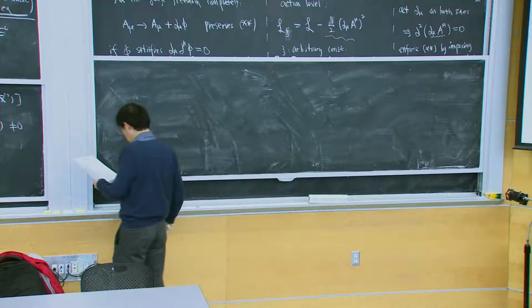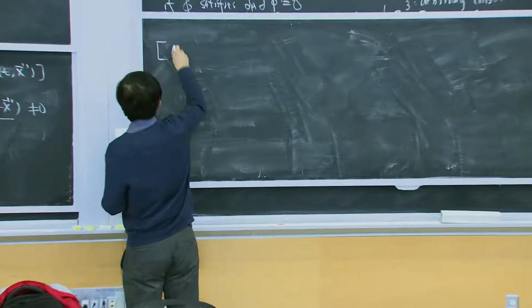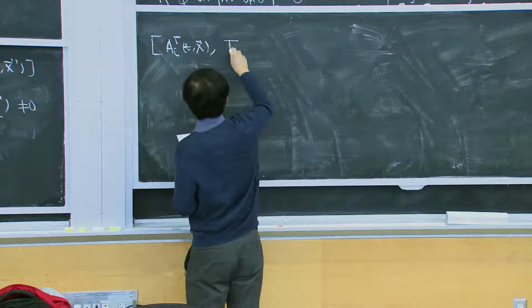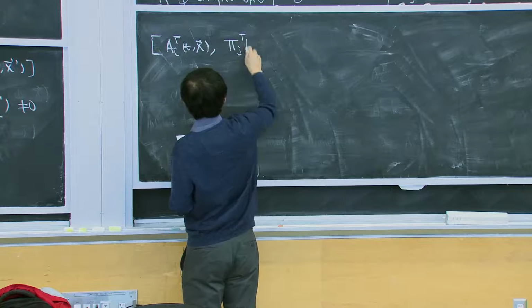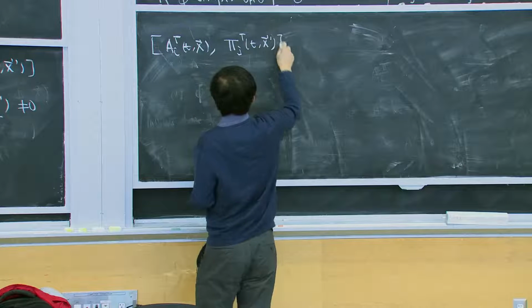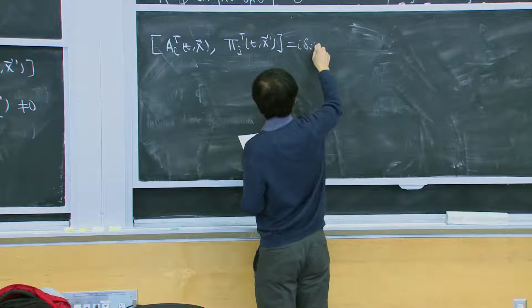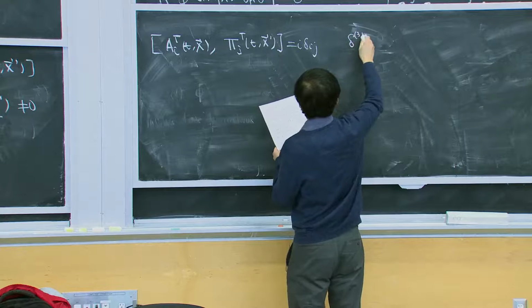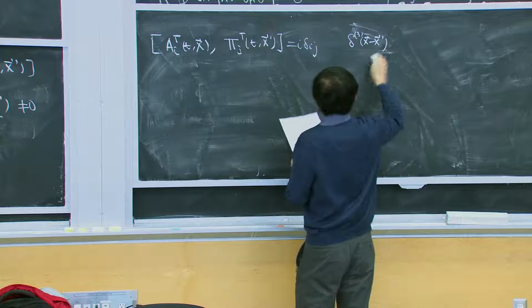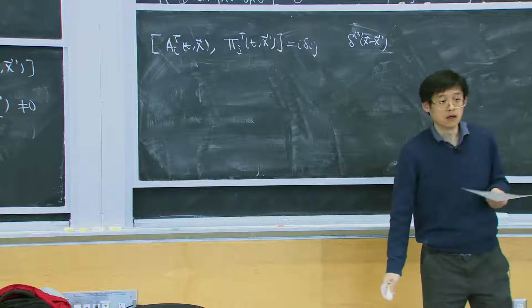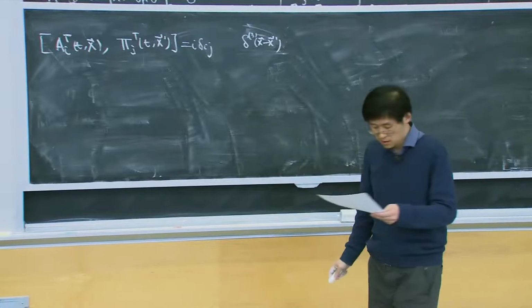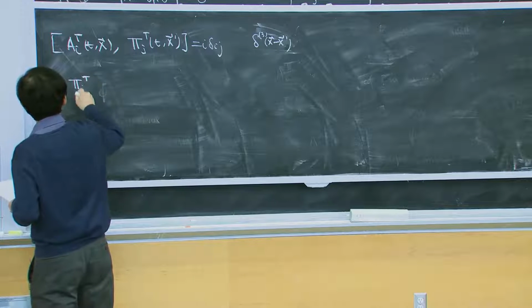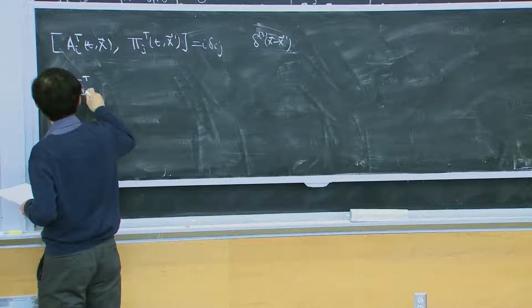So in fact, we should look at A_i^T(t, x) and its conjugate momentum, which let's call pi_j^T(t, x'). This should be i delta_ij delta^3(x minus x'). So we should look at only the transverse components, and pi_i^T is the conjugate momentum for the transverse A_i.